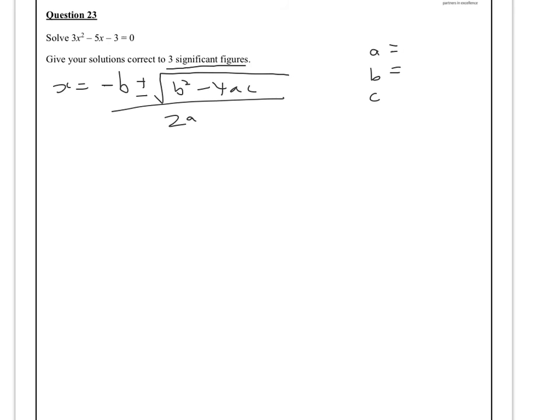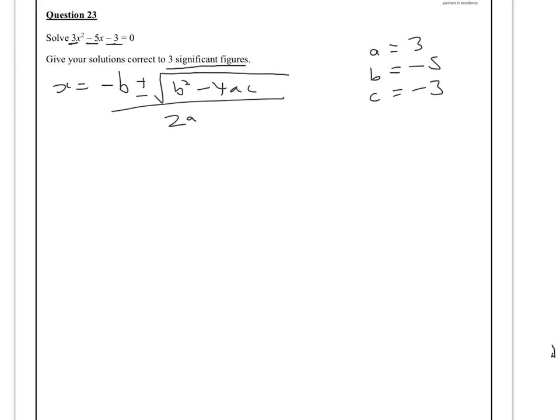A is the coefficient of x squared, so a is positive 3. B is the coefficient of x, which is minus 5, and c is the constant term, which is minus 3. Then we need to substitute them into this formula, and we'll get 2 different answers when we either do plus or minus.